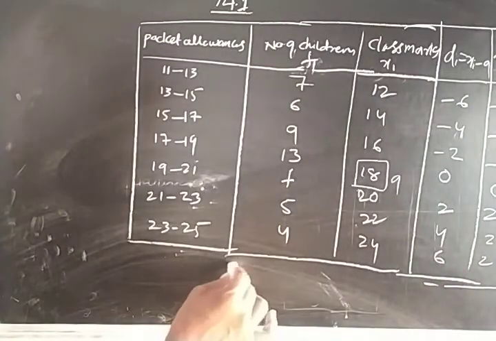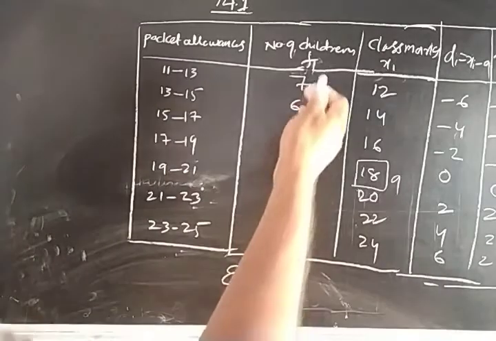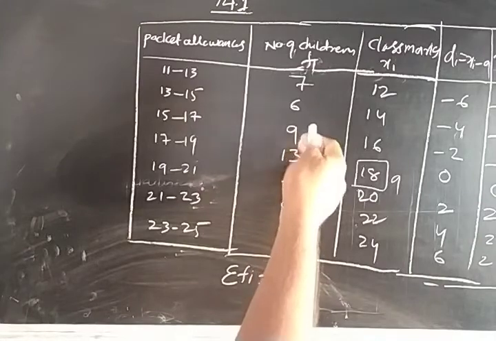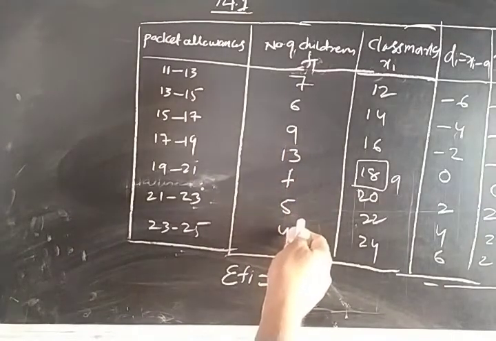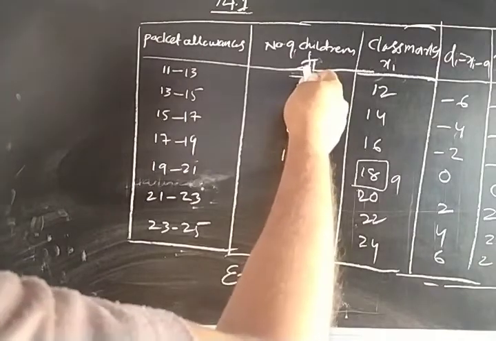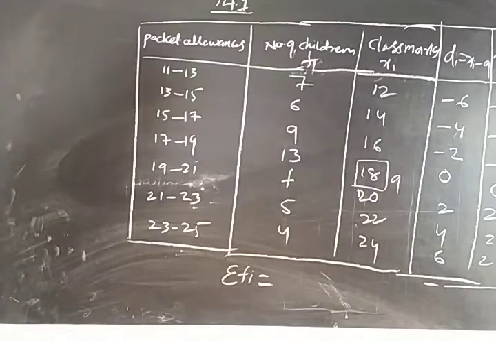Now I am finding the summation fi. Adding the values: 13 plus 9 is 22, plus 5, 27, plus 4, 31, plus 7, 38, plus 6, 44.